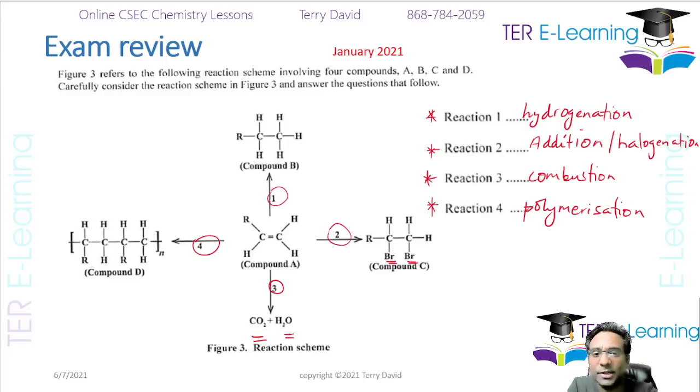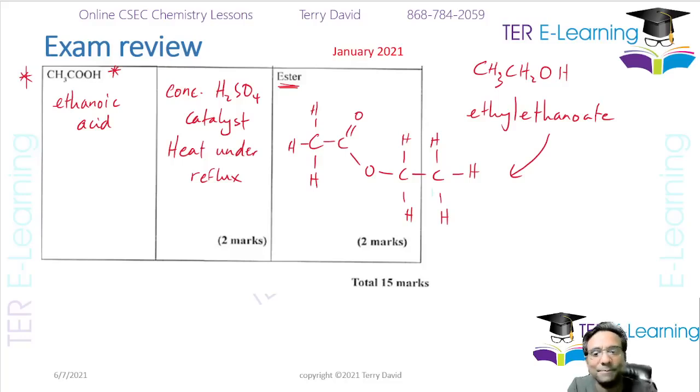Somebody asked me what is reflux. Let me just go back here for a sec. You all have to be able to draw what a reflux apparatus looks like. So it's this. You have a condenser and a round bottom flask. I just drew this freehand, so it may not be the best.